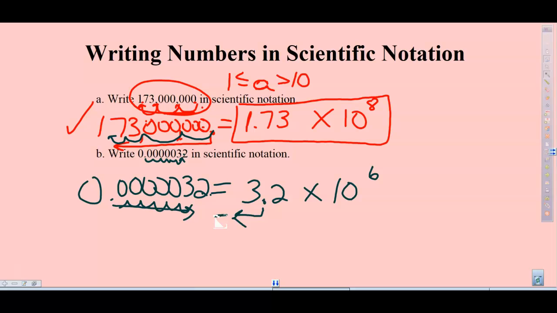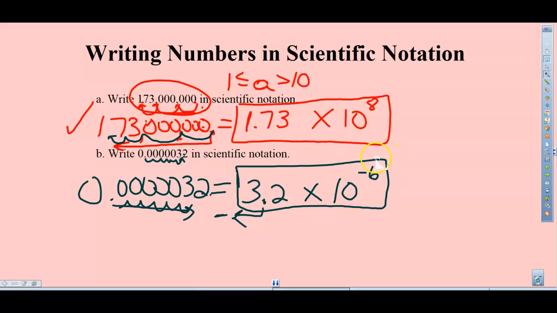So when you need to go left to make this factor less than what it is, we need to have that multiplied by a negative power of 10. So we need to move it back 6 spots. Therefore, we have to put it times 10 to a negative exponent.